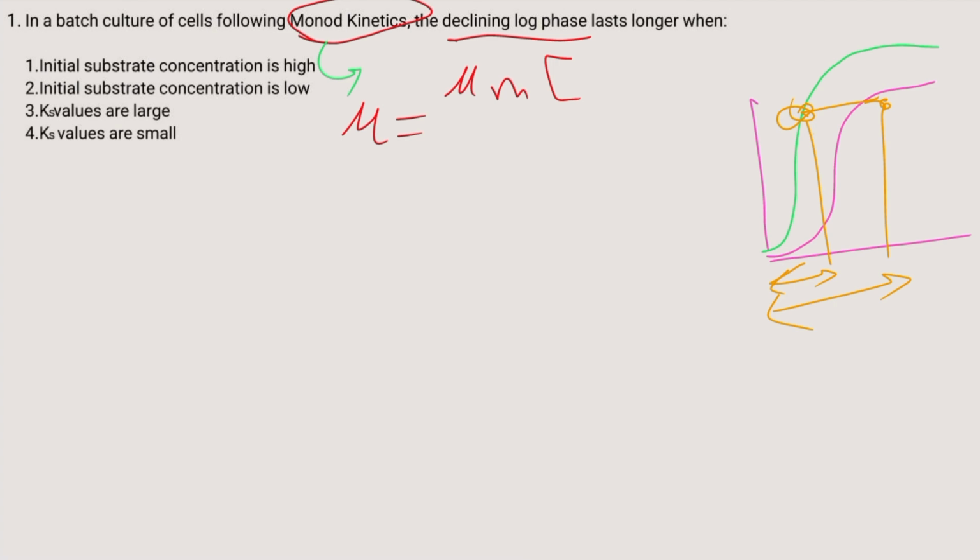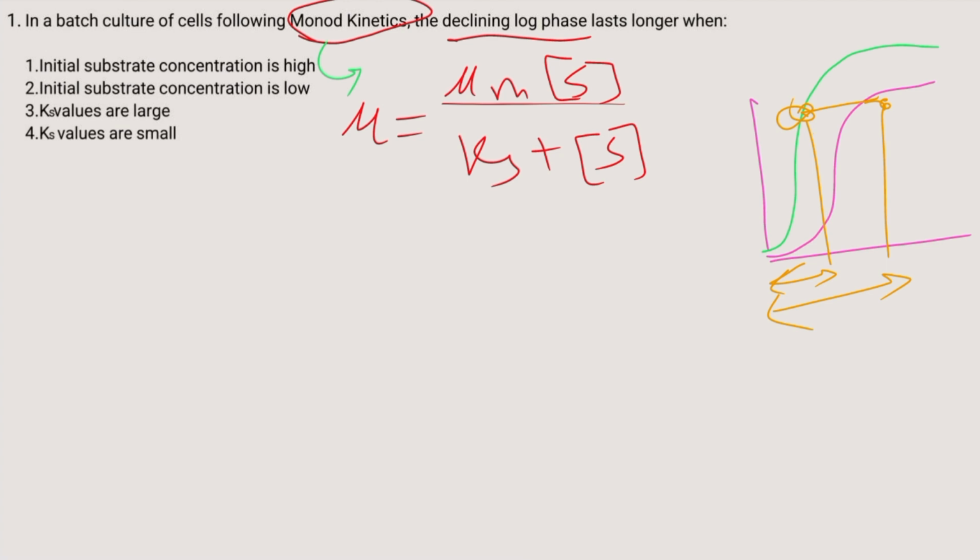So the mu theoretically can't go beyond the mu max. Ks is the Monod's constant, it is a constant, and S is the concentration of the substrate.